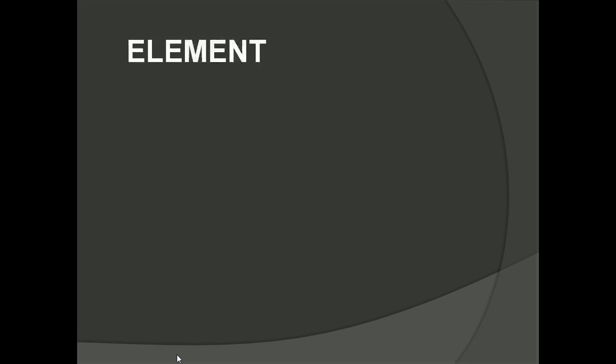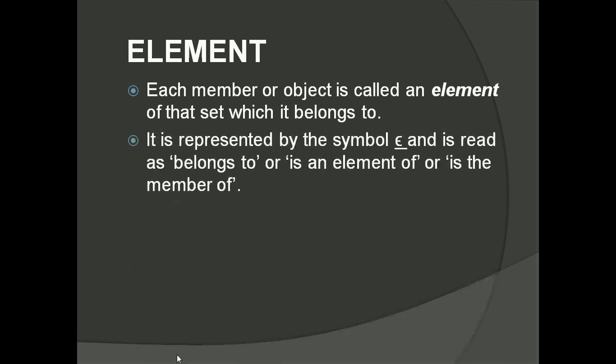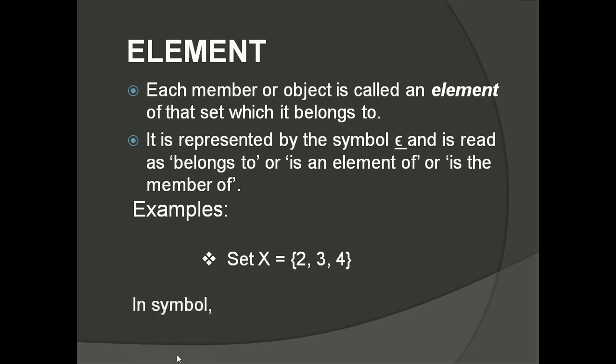Next topic, subtopic: an element. Each member object is called an element of the set which it belongs to, represented with the symbol ∈, and is read as "belongs to" or "is an element of" or "is a member of". For example, set X has elements 2, 3, 4.